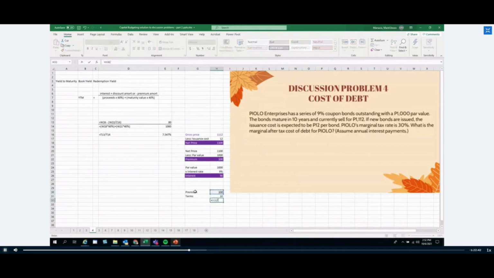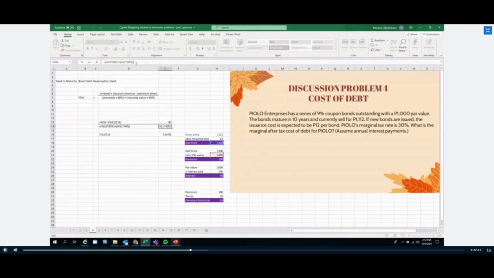So premium divided by 10 years, so that's 10. So meron kang 90 na interest less the premium amortization of 10. So meron ka na ngayong 80.